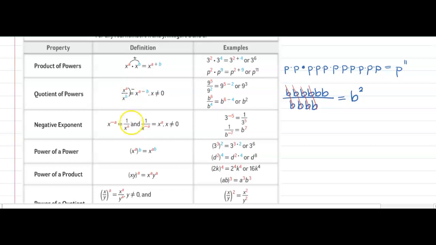Negative exponents. This is where I tend to get a little silly, but it helps me to remember what's happening here. Whenever I see a negative exponent, the very first thing I do is put it over 1. So now I have 3 to the negative 5 over 1. And I like to think of this like a little apartment, if you will. So we have the ground floor and we have the top floor.